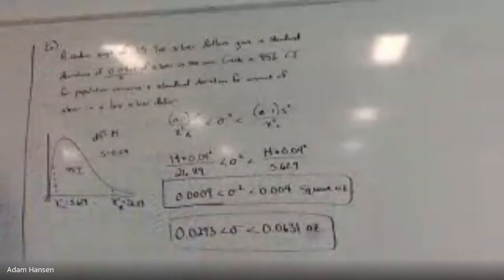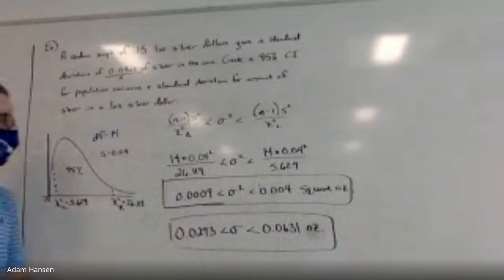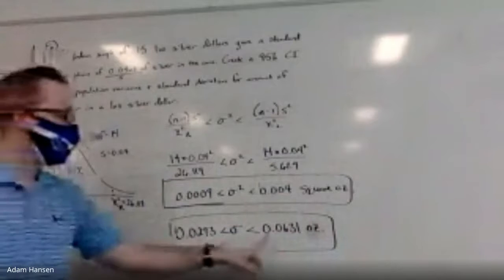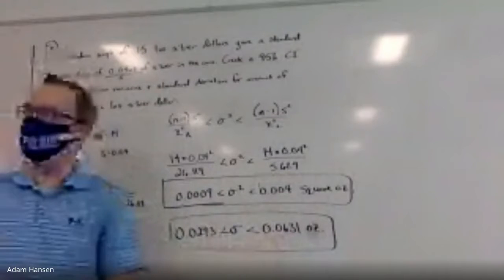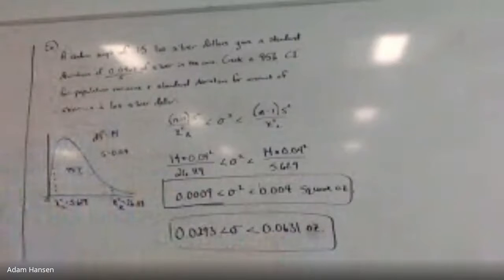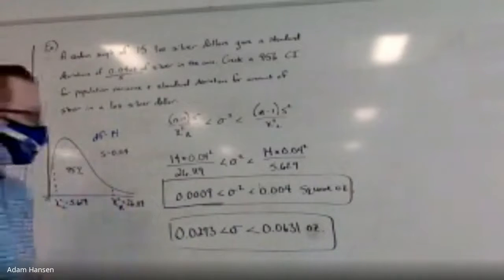The standard deviation for all the silver dollar coins, the amount of silver in them, is somewhere between 0.0293 and 0.0631 with 95% confidence. I'm 95% certain that based off of my sample of 15 coins, the standard deviation in the amount of silver in the coins is between these two values.